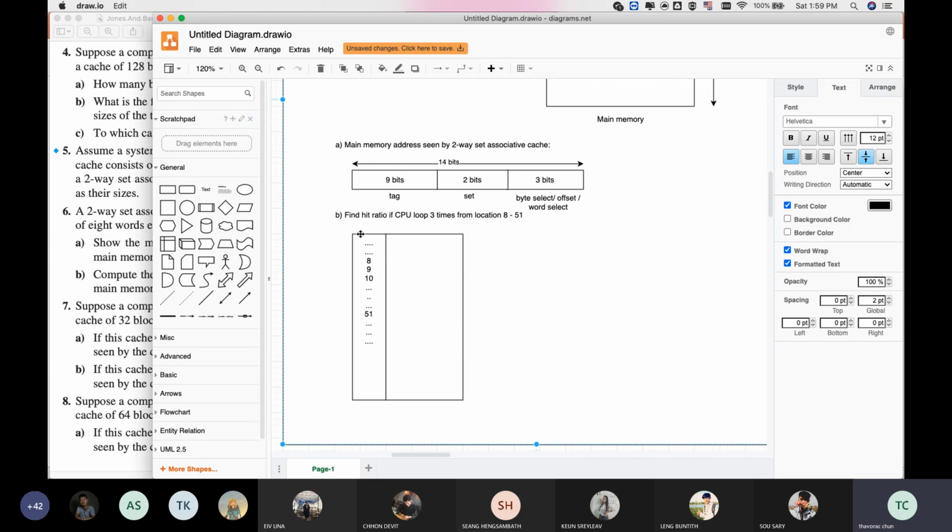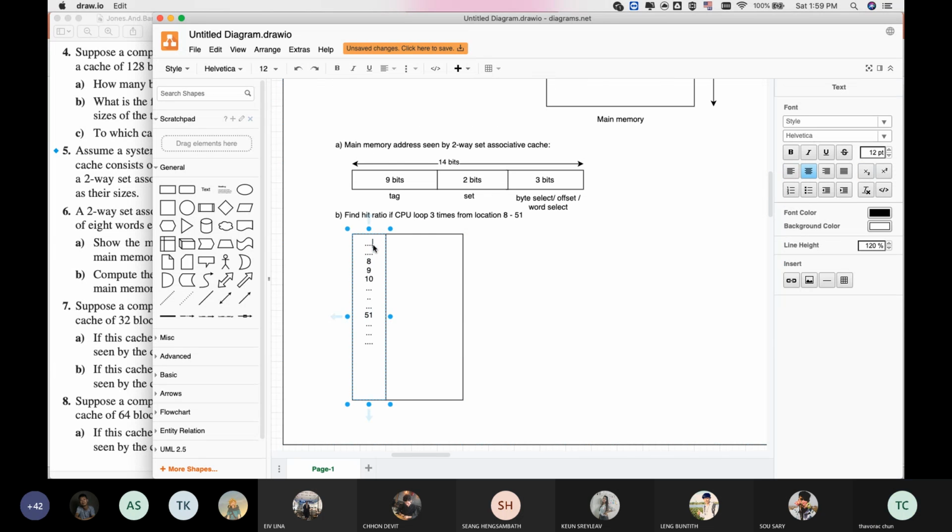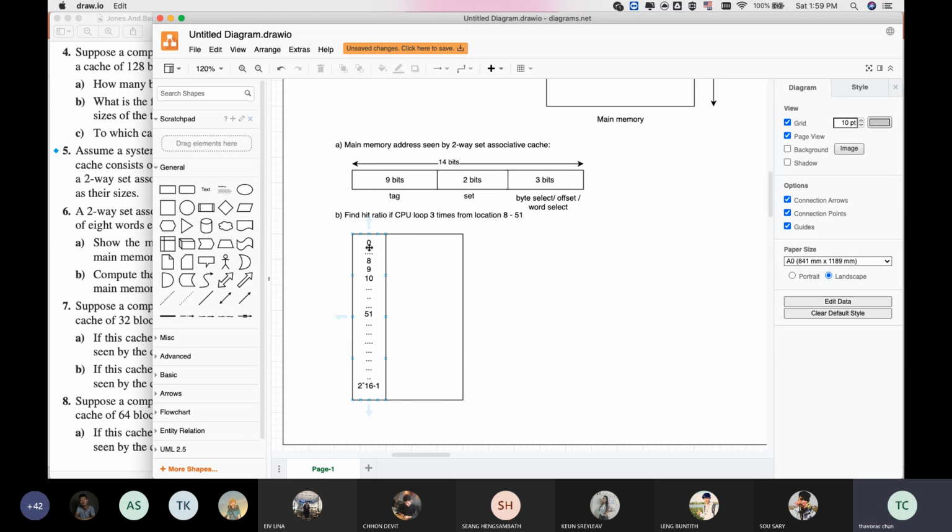Let's see. We have 2 power 14 volt, right? So here it should be from 0, right? 0. And let's say here like this should be 2 power 16 minus 1, right? Because we start from 0. Okay.